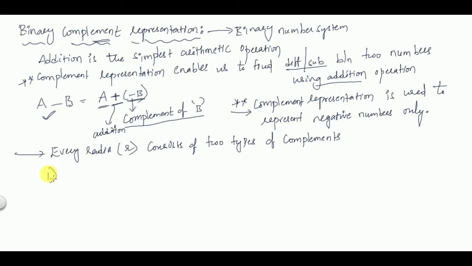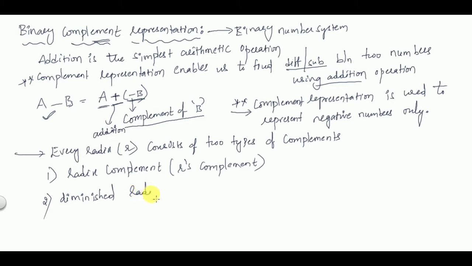The first is called the radix complement, or R's complement. And the second one is called the diminished radix complement, or R minus 1's complement.